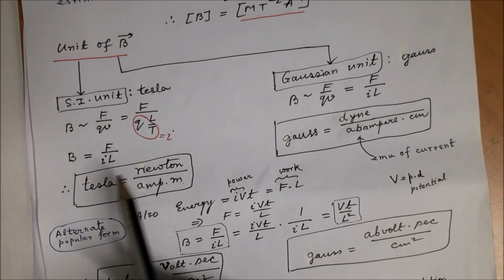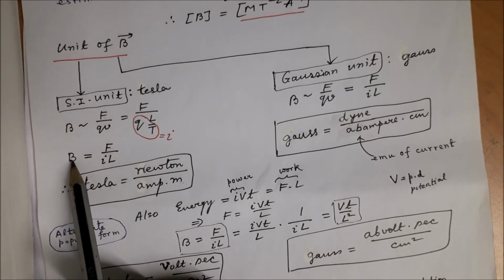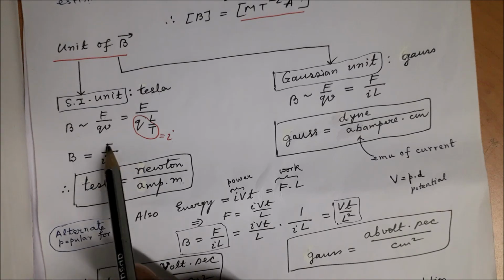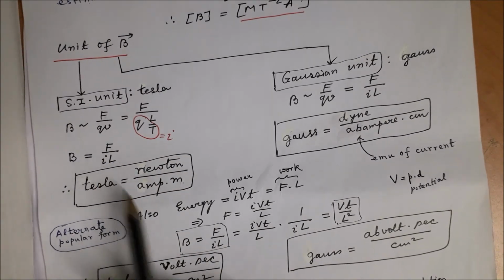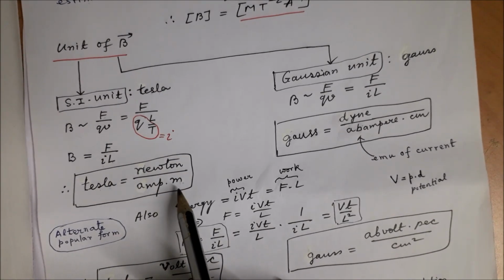So now it is time to substitute the units. Instead of B, let us write Tesla, instead of F we have Newton, instead of I we have ampere, and instead of L we have meter.